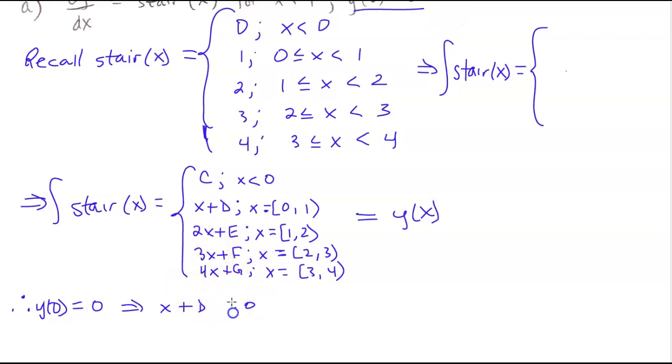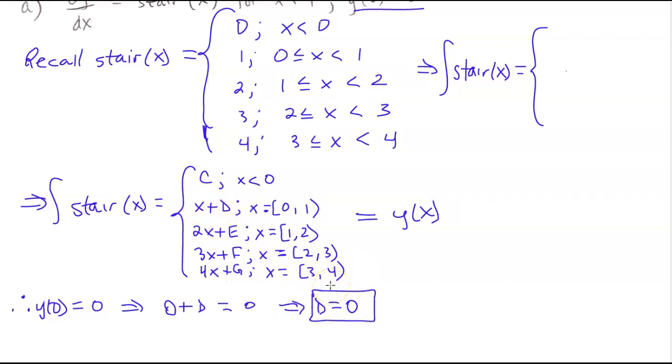And of course, we're going to let x equal 0 here. So we got 0 plus d is equal to 0. And of course, that means that d is equal to 0. So that lets us know that for at least this portion here, what we're going to end up with is just x here. So we'll keep that in mind.